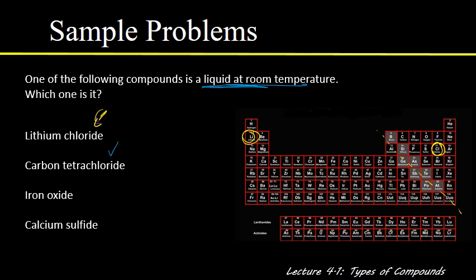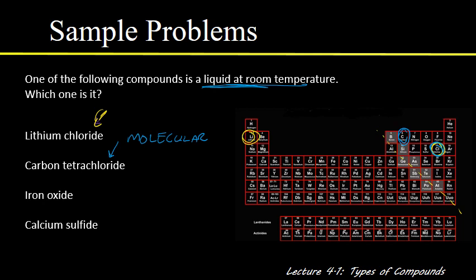Carbon tetrachloride, carbon is over here, and chlorine again is over here, right? So that's 2 nonmetals. That means that carbon tetrachloride is a molecular compound, right? So that could possibly be a liquid at room temperature.